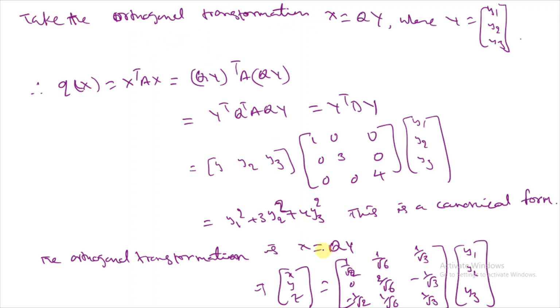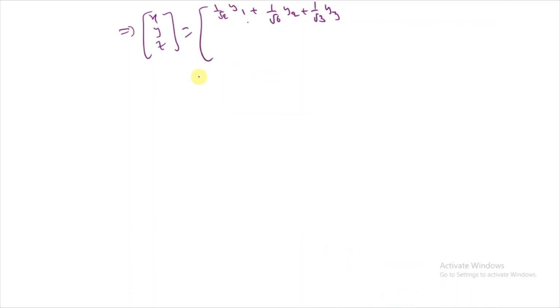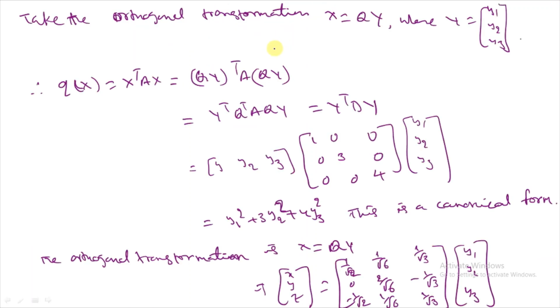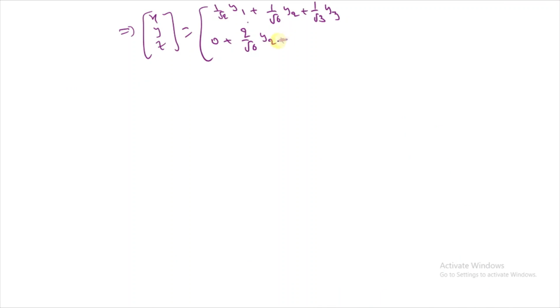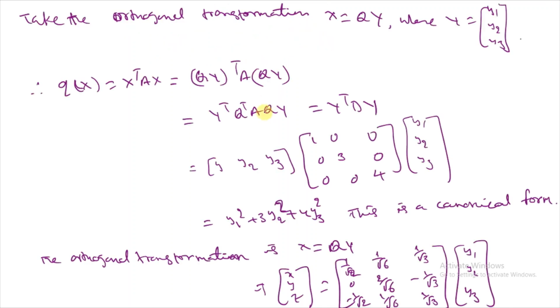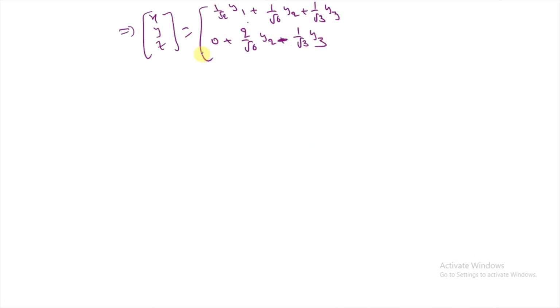Next, y equals 0 y1 plus 2 by root 6 y2 plus minus 1 by root 3 y3. Next, z equals minus 1 by root 2 y1 plus 1 by root 6 y2 plus 1 by root 3 y3. This implies now the matrices are equal.